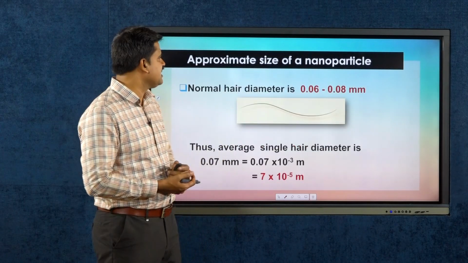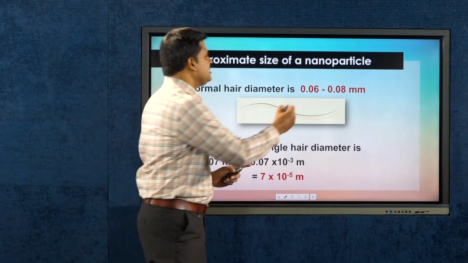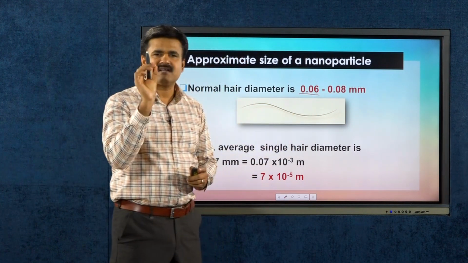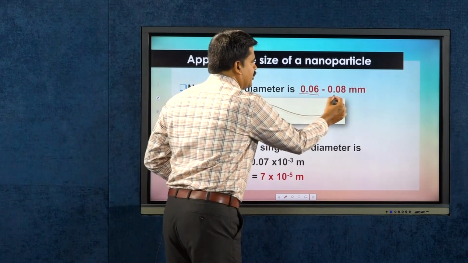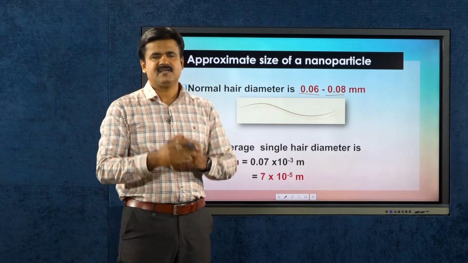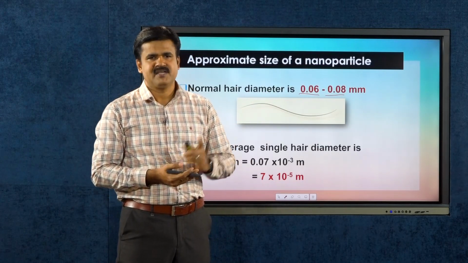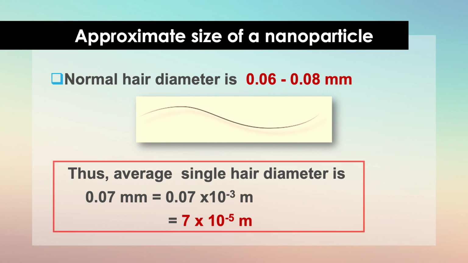The answer is here, normal hair diameter is 0.06 to 0.08 millimeter. This value represents ultra thin hair, and this value represents thick hair. Suppose we take an average. The average will be 0.07 millimeter. Thus, the average single hair diameter is 0.07 millimeter.